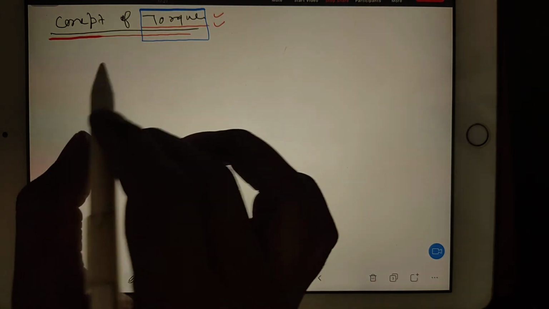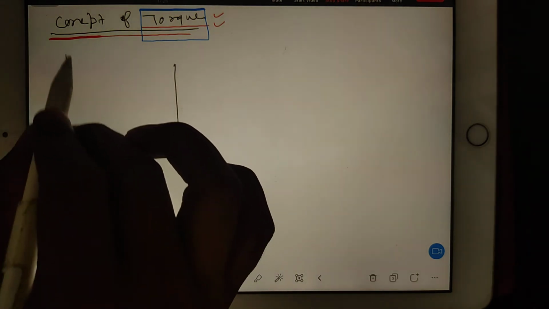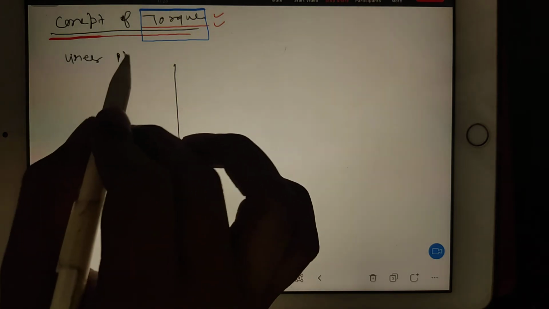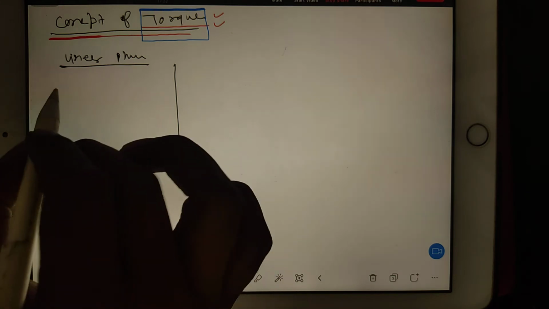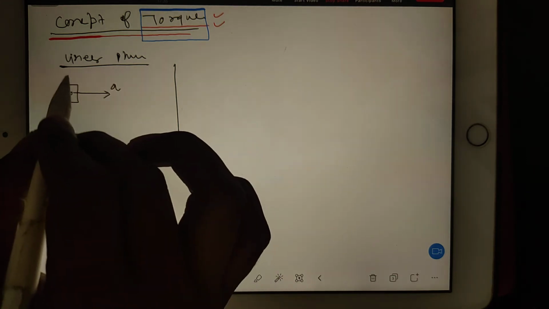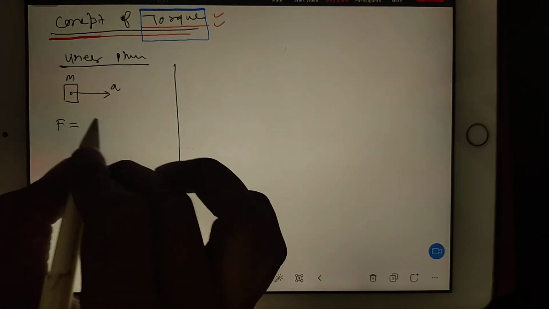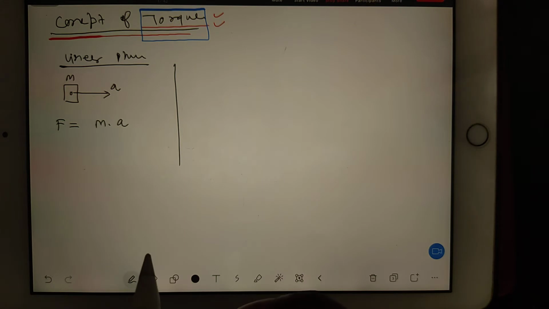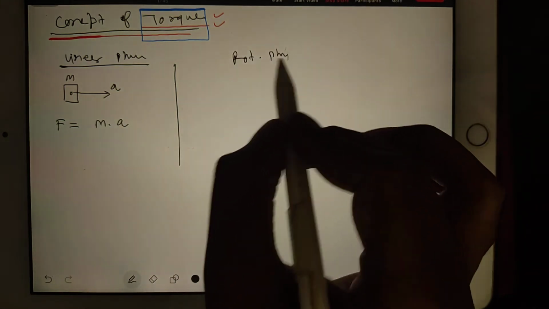Let's compare with linear physics, because it used to be easier. In linear physics, when you have an object that is accelerating and the mass of the object is m, we define a quantity that we call force, and that force is given by the formula ma. Exactly the same thing in rotational physics.